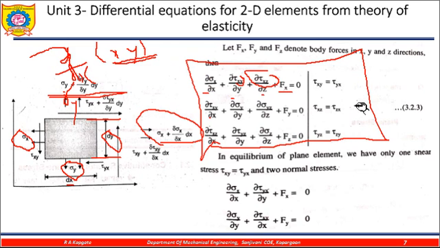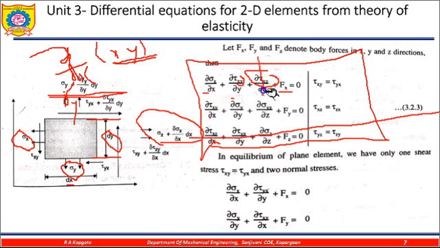But we know very well that in 2D problems the Z parameter is 0: the normal stress along Z is 0, as well as the shear stresses along the Z axis. That's why the total Z term is cancelled.